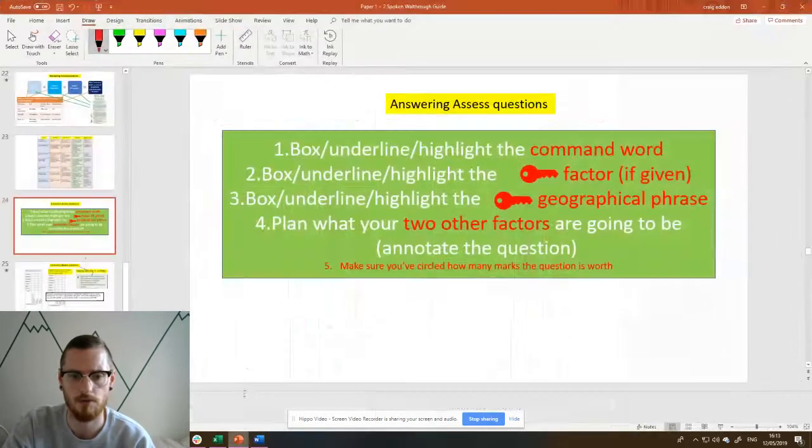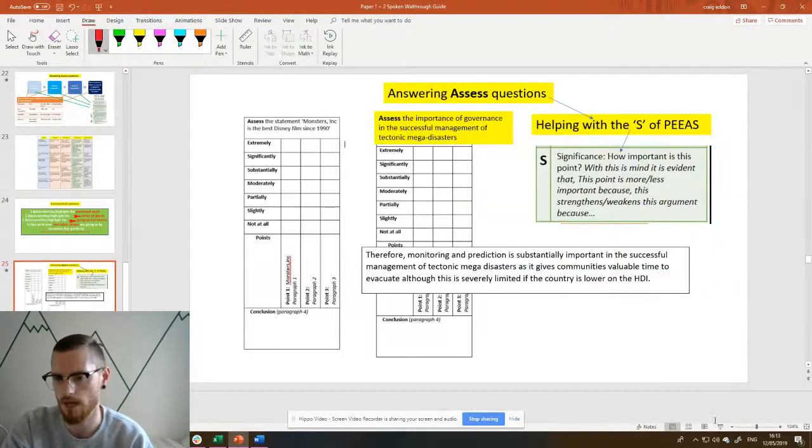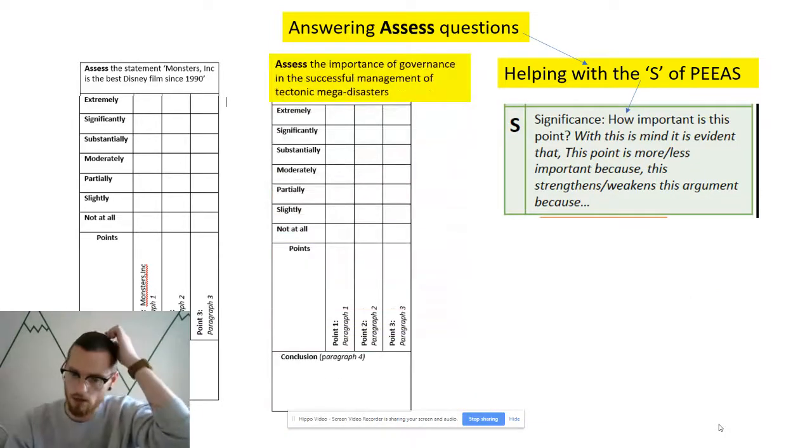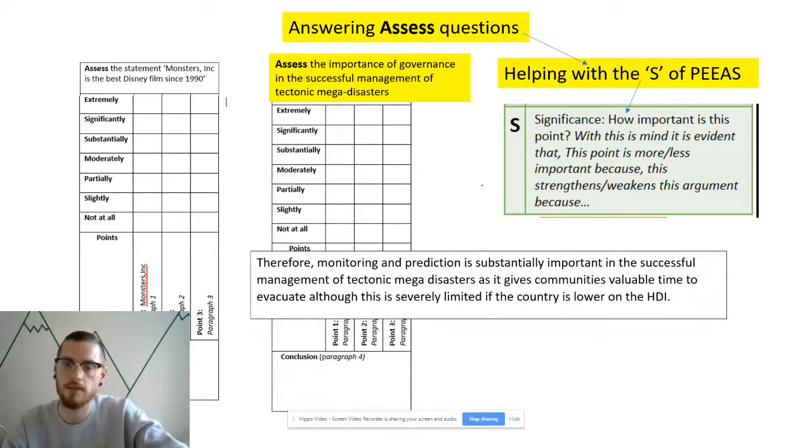In fact, I think if I skip across to my PowerPoint, yeah, I did. I may have actually also put an example here of how we would maybe write the end of a PEE paragraph for monitoring and prediction. Therefore, monitoring and prediction is substantially important in the successful management of tectonic mega disasters, as it gives communities valuable time to evacuate.